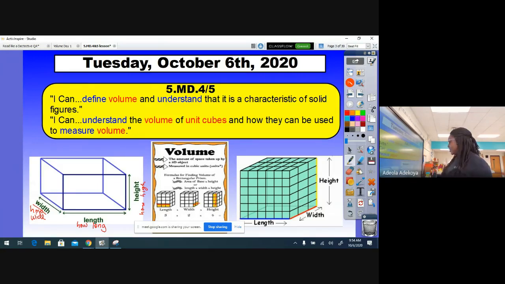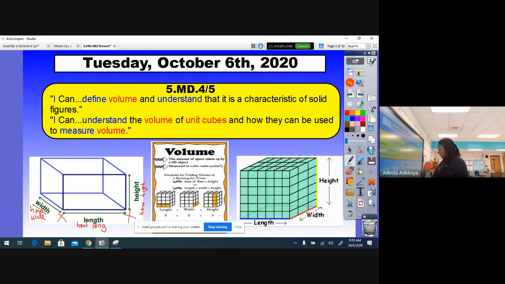The volume is measured by 1 unit by 1 unit by another unit. So the width, times the length, times the height will tell you how much space is in that given container.